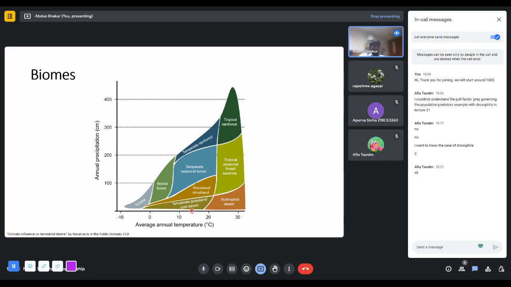So even with the same amount of precipitation, let's say 300 mm, if the temperature is 30 degrees you will have tropical rainforest. If the temperature is 15 to 20 degrees, you will have a temperate rainforest. So you see a shift on the mountains in close proximity itself.